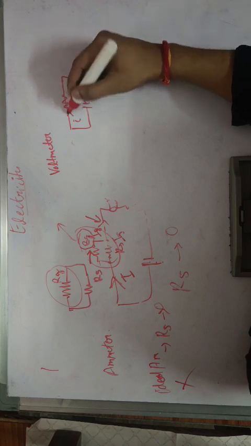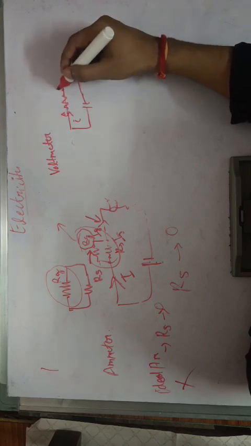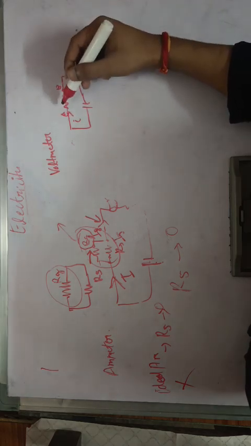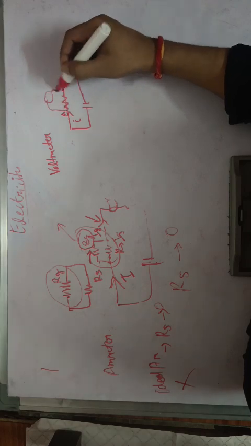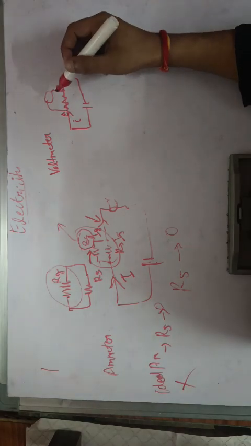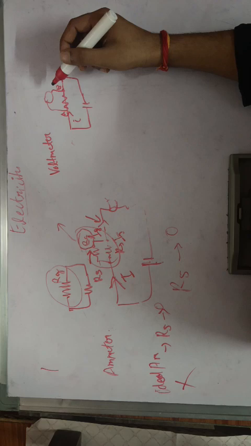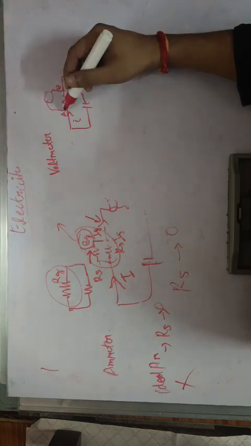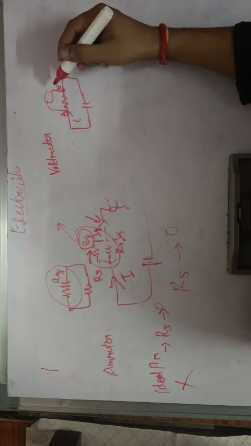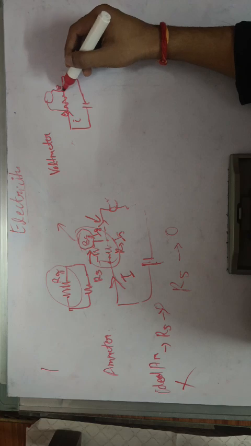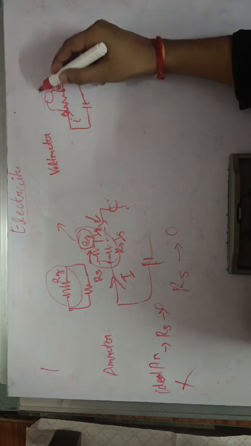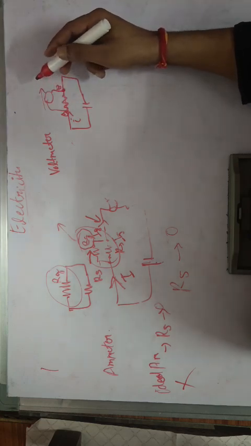If I want to find the potential difference across it, let's say between points A and B, then the voltmeter is connected in parallel to it, so that it can measure the potential at these two ends. And due to the potential at these two ends, there would be some current flowing through this, which is I.